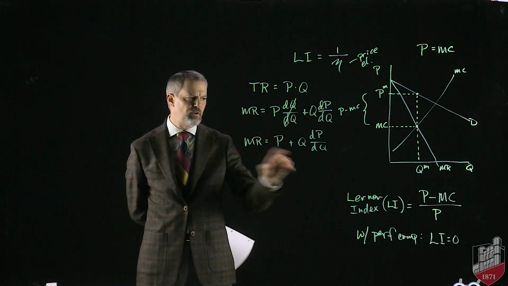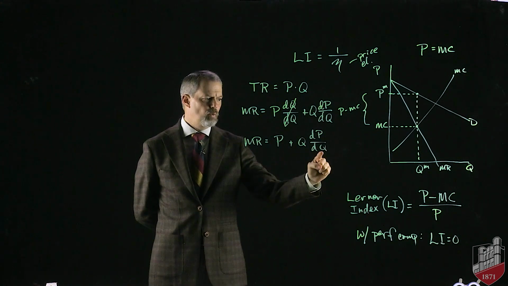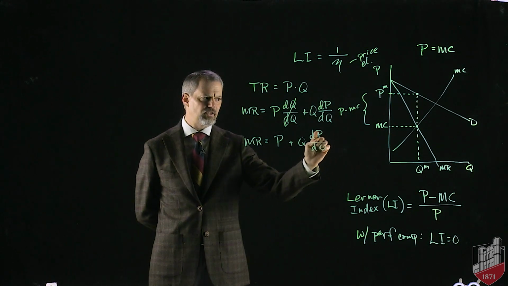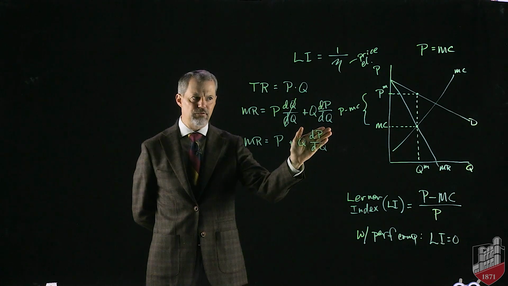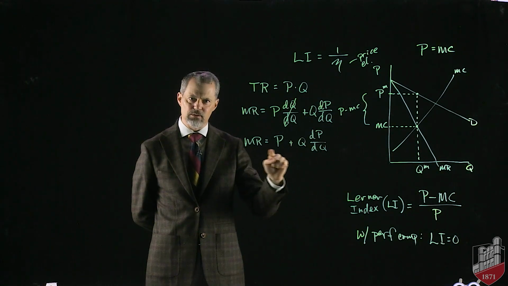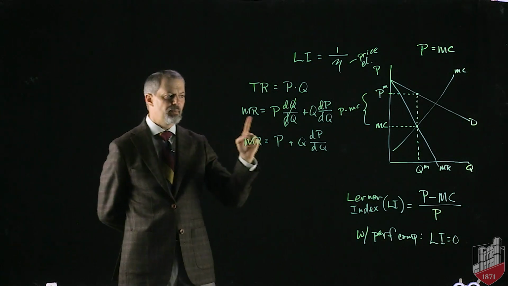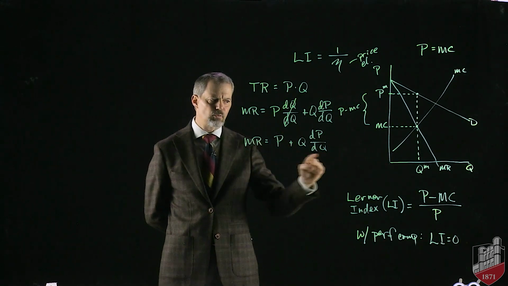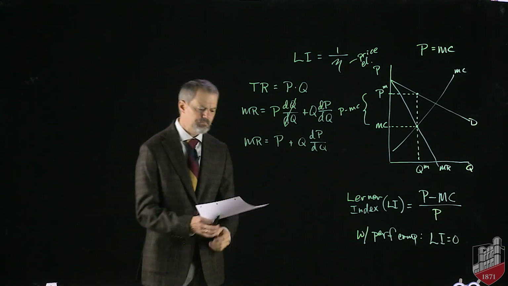So if this was perfect competition for a firm, this term would be 0. When the firm changes its output, it has no impact on price. So that is 0, which tells us that marginal revenue for a perfectly competitive firm is just equal to price. But for a monopoly, that's not true. When the monopoly changes its quantity, it has an impact on price. So marginal revenue for a monopoly looks different. It looks like this term.